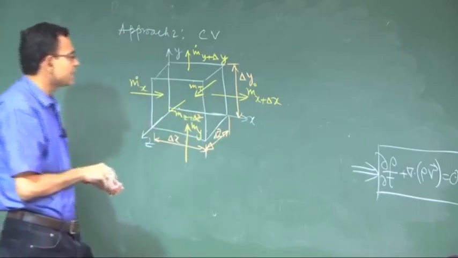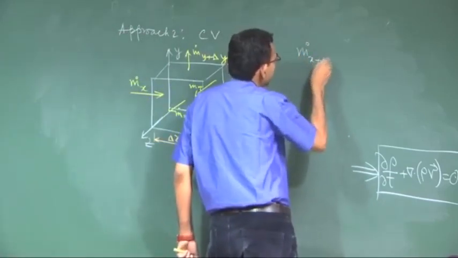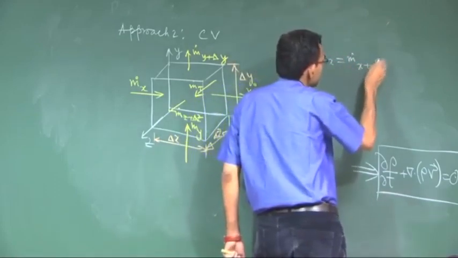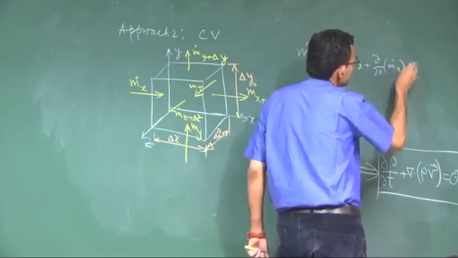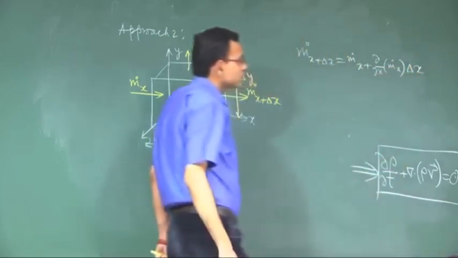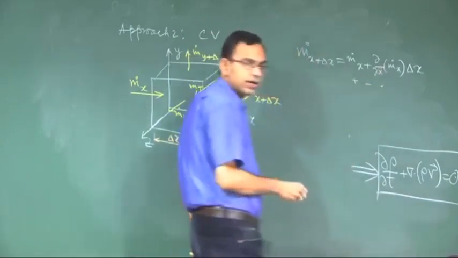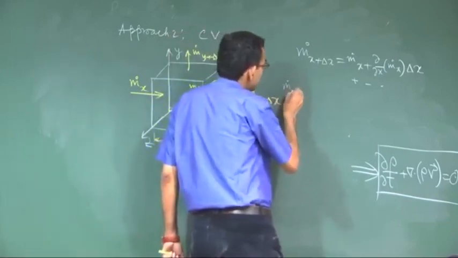So you can write m dot x plus delta x as m dot x plus higher order terms.